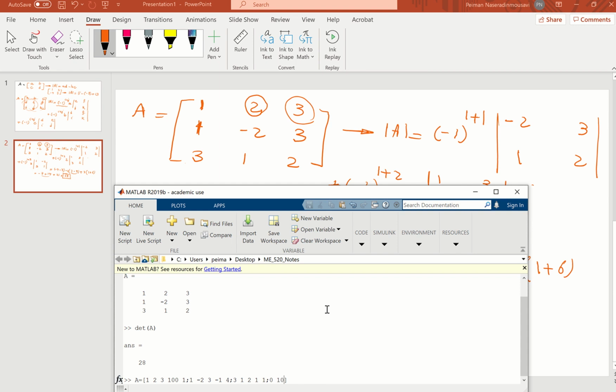So 0, 1, and 0, 1, and 2. And the last row is going to be 3, 5, 2, 100, 2. So this is a 5 by 5 matrix. It's enough that you say determinant of A, bingo, the answer comes up. That's right.